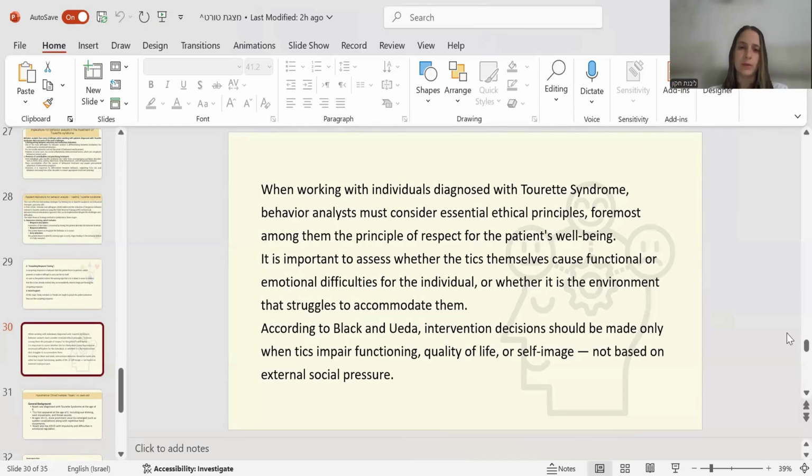According to Blake and Uda, intervention decisions should be made only when tics impair functioning, quality of life, or self-image, not based on external social pressure.